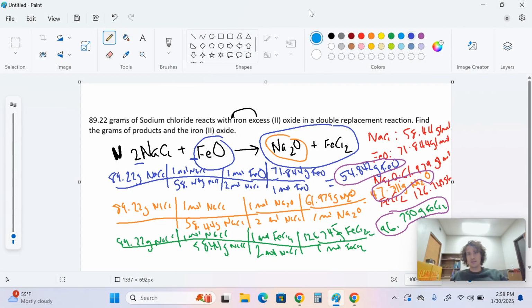So, let's see. I guess red will stick out nice here, maybe. How many grams of sodium chloride? Well, that's right there, 89.22 grams. And we're adding a certain number of grams of iron oxide, and we found that, right, 54.842.